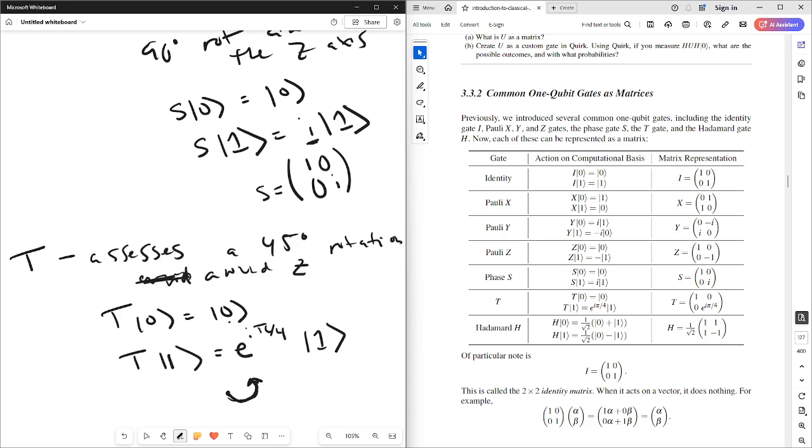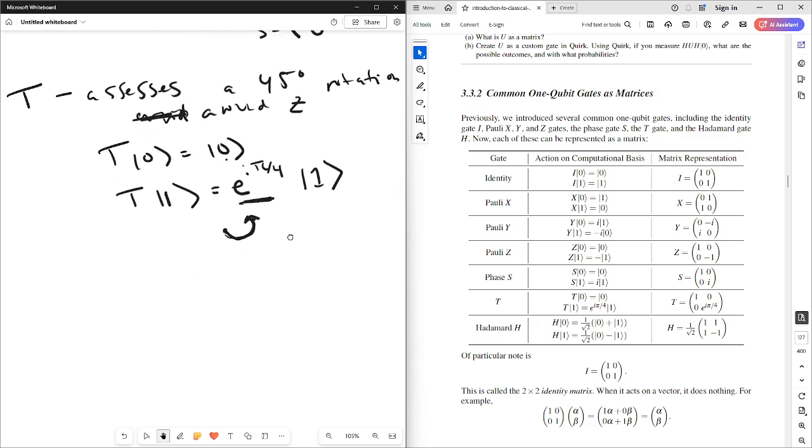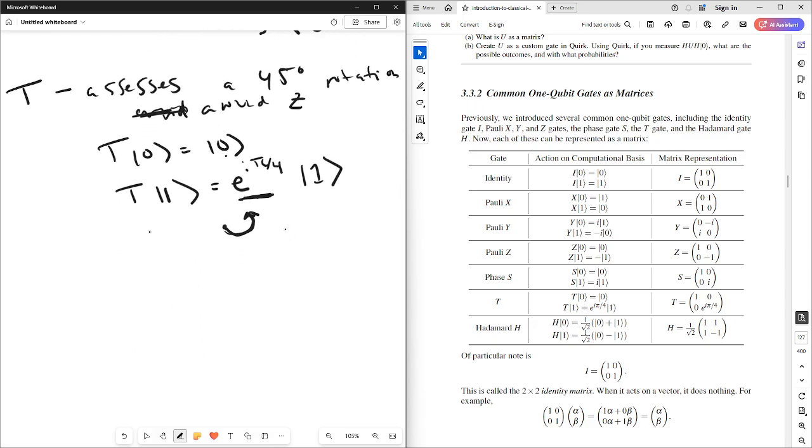So our amplitude for 1 will be impacted by this phase factor here. Similar to its cousins, the matrix is 1, 0, 0, and e raised to the power of i pi over 4.